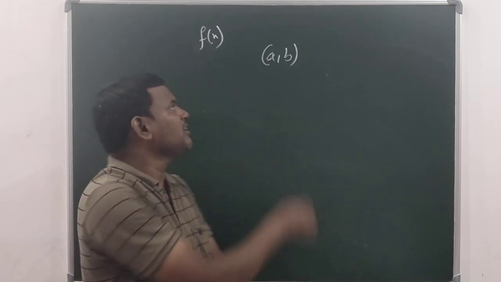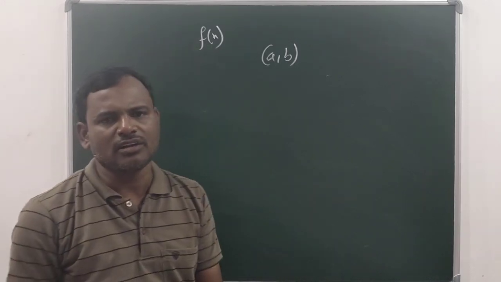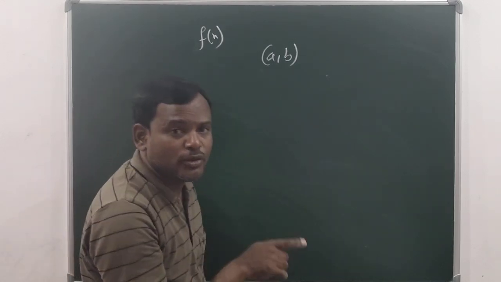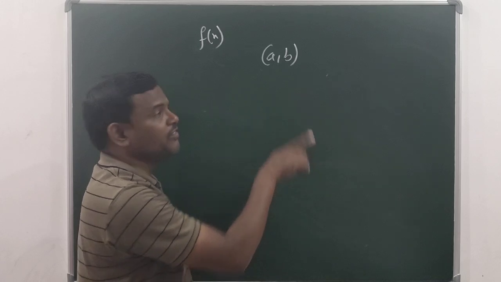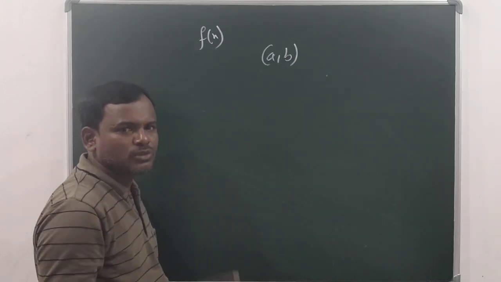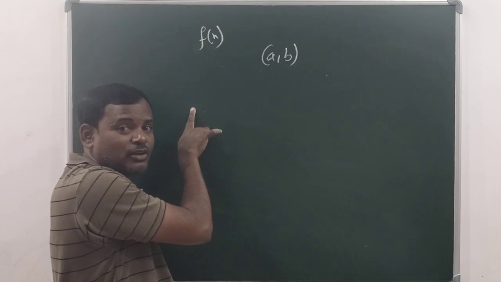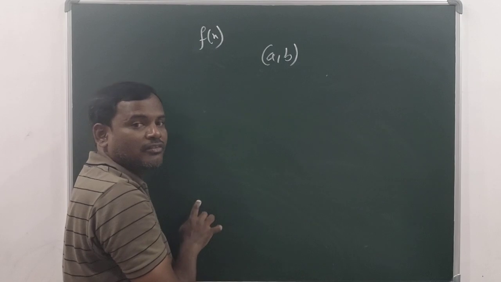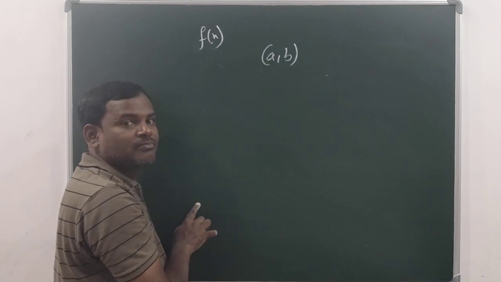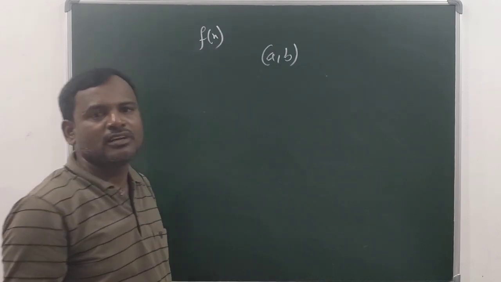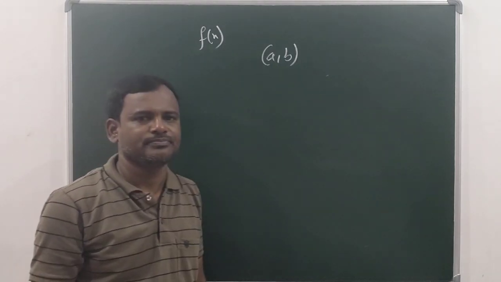So in that interval, is this function continuous or not? How do we check? This function must be continuous at every point which belongs to this interval. So if this function is continuous at every point which belongs to this interval, then you can say that this function is continuous in that interval.